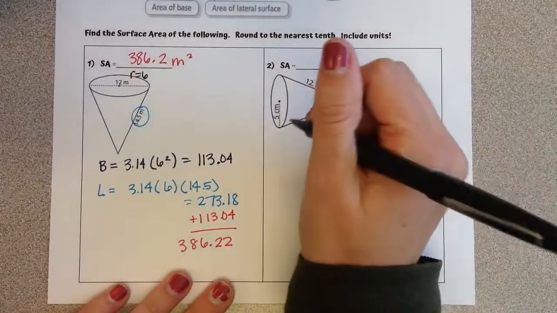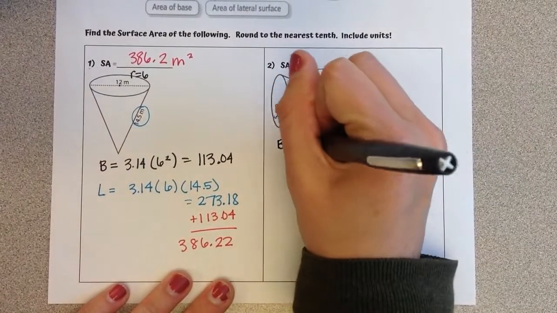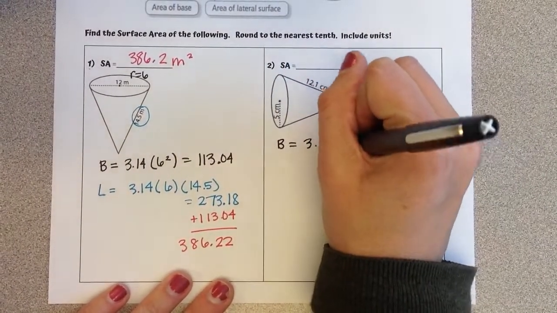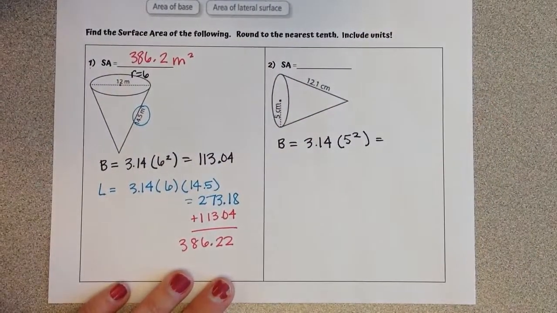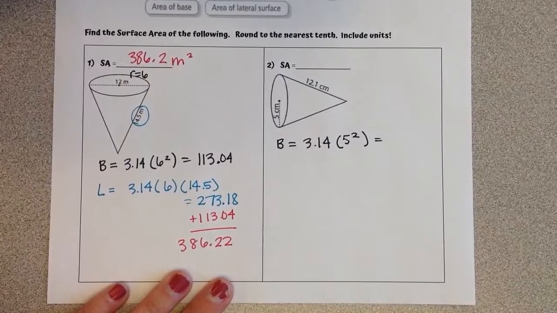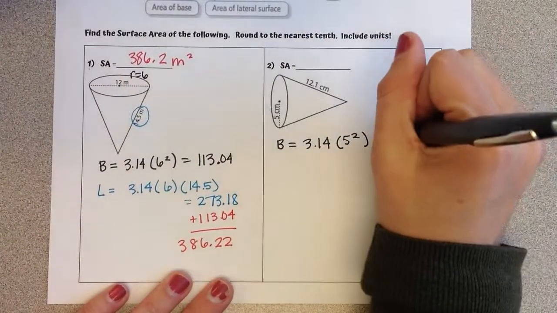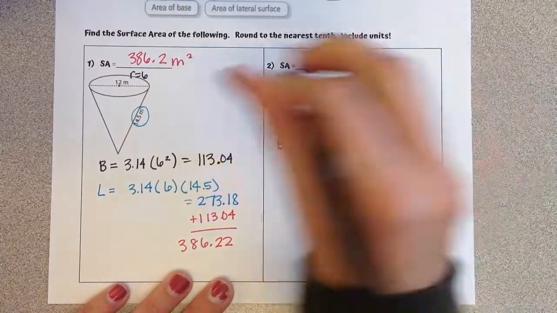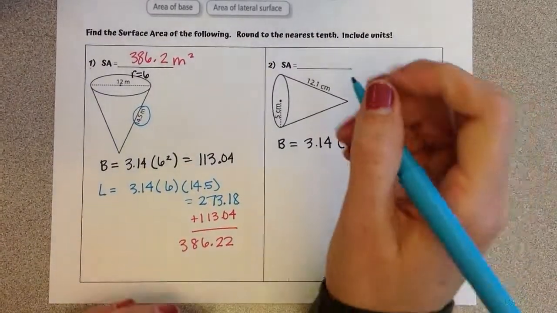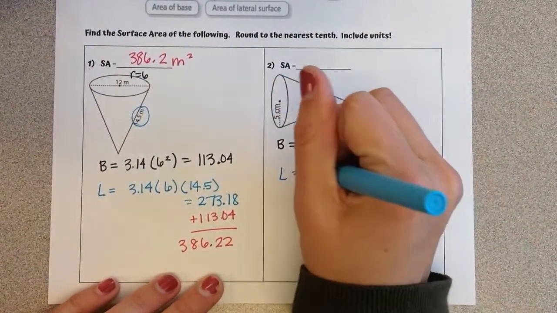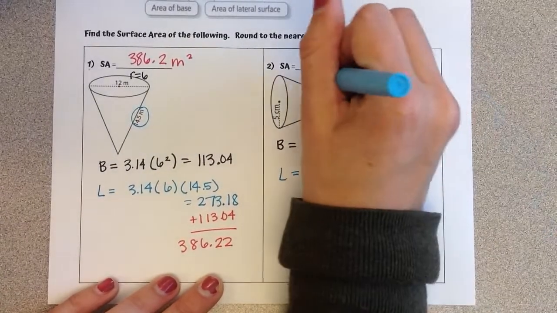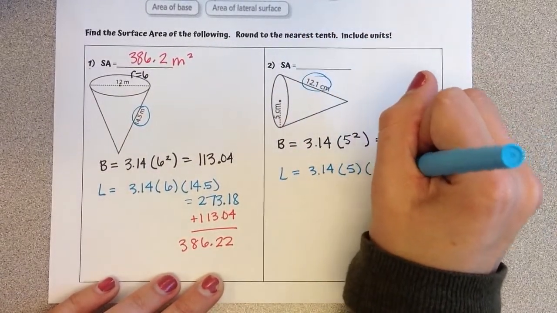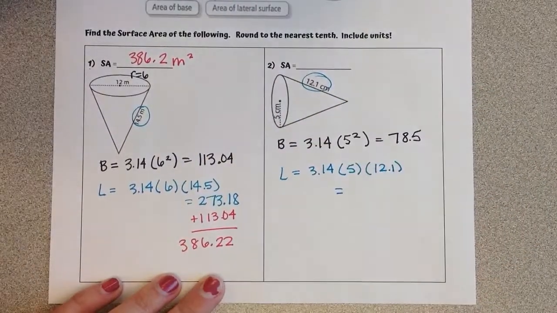All right, number 2, finding first the area of the base, which is pi times our radius of 5 squared, and that gives us an area of 78.5. And then our lateral surface area, which is pi times our radius of 5 times our slant height of 12.1.